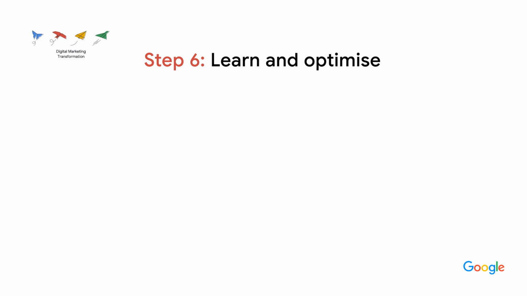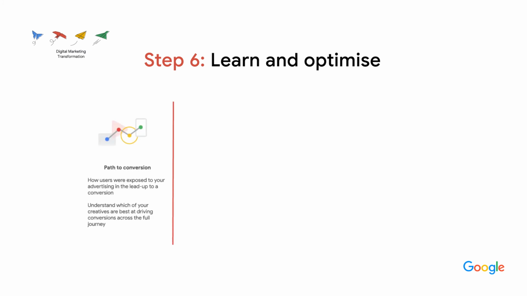You really want to look at, what is the path to conversion? Like, how are users exposed to a personalized ad, or targeted to an audience segment, that ad? And did they see the ad and did they complete an action later down the line? You also want to track when someone saw something, what was their next action? Did they convert?